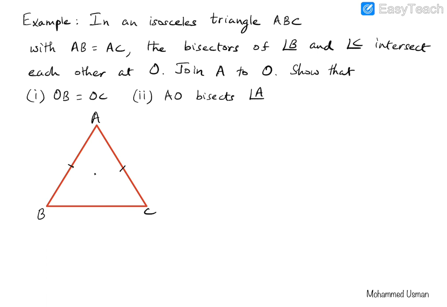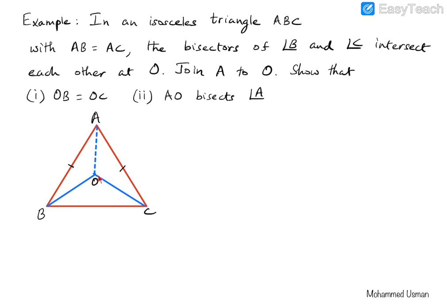That means there is a line that is going to bisect angle B. So there is a bisector of angle B here, and there is a bisector of angle C over here, and these two lines intersect at some point which is given as O. So this point of intersection is O, and we are asked to join A to O. So we'll join A to O like this, and then we are asked to prove that OB is equal to OC.